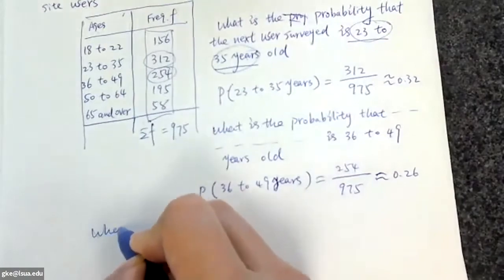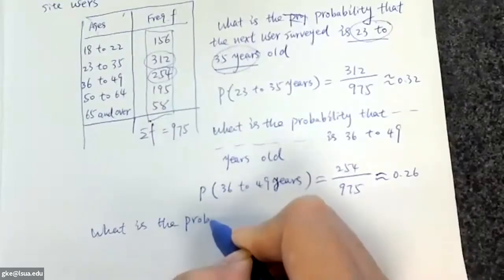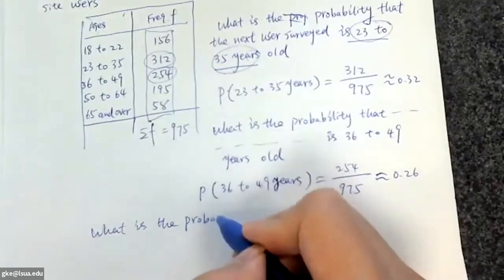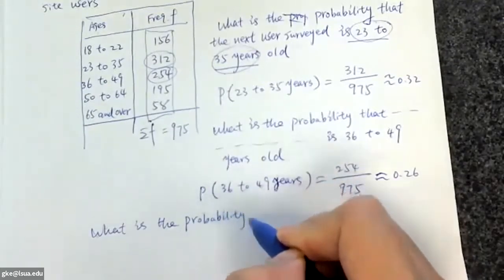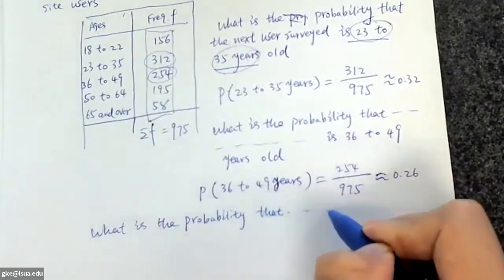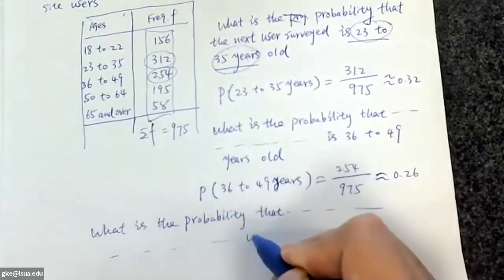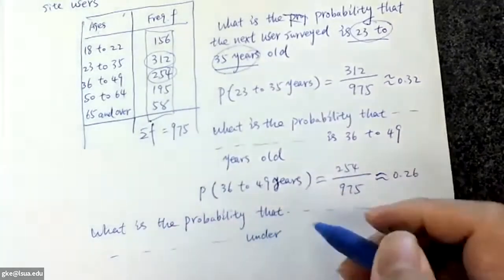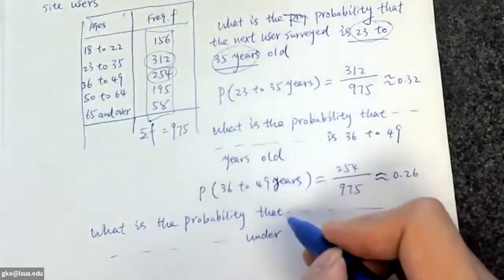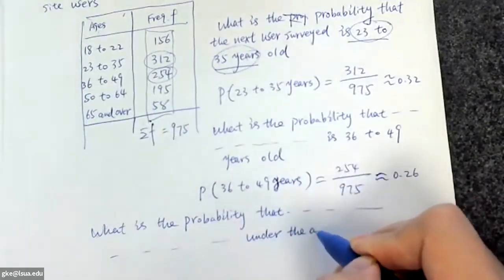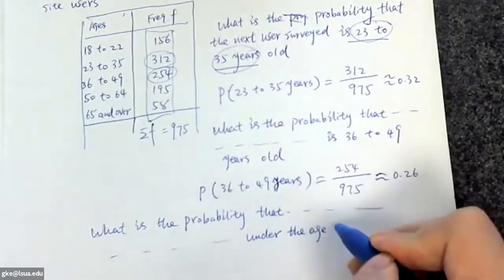What is the probability that the age is under 36?